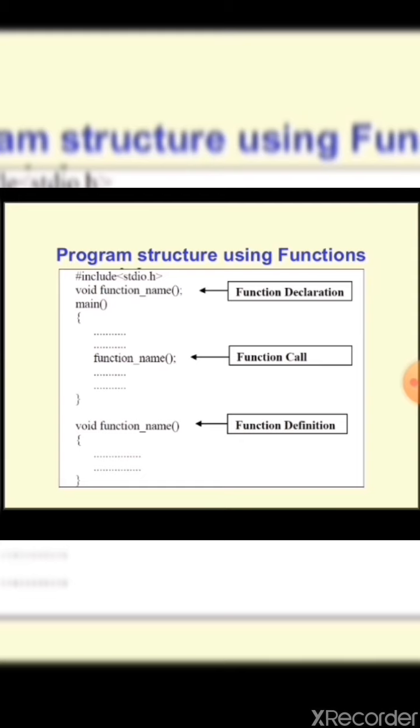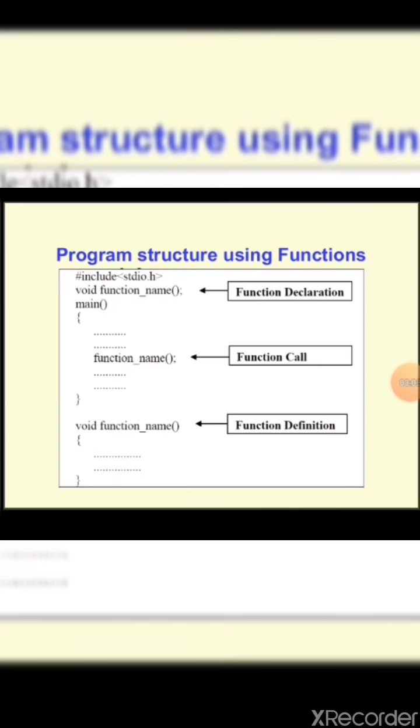Inside main, we are calling a function, that is the function call. On the day of the event, whenever you require, you call him at a particular time and ask him to take the photos. The third one, the function definition, is written after main. That is the task of the function which will be implemented. For example, the photographer will do his task.